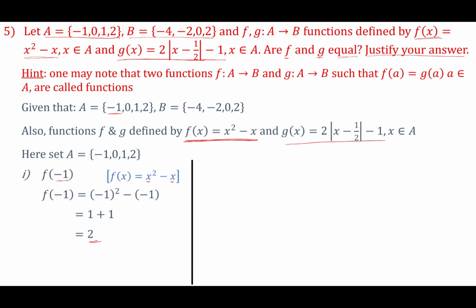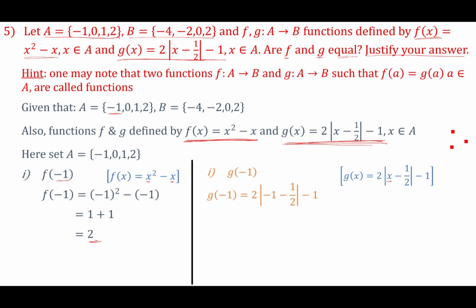In the same way, I will find g(-1). For g(-1), I have to take g(x) as this one: g(x) = 2|x − 1|/(x − 1). So in place of x, I will write -1, like this.